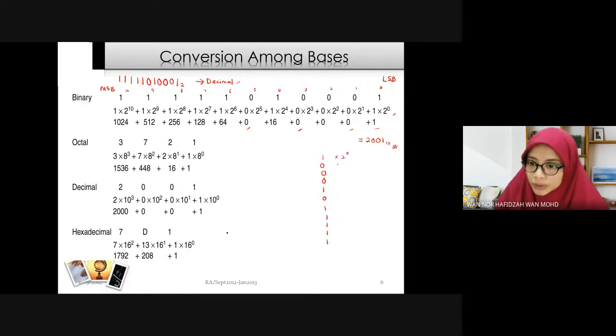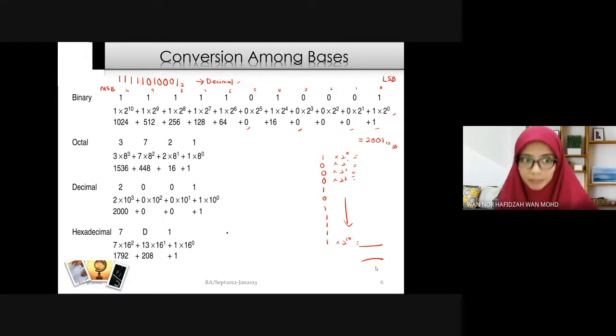Times power of 0, times power of 1, times power of 2, times power of 3 and so on until the power of 10. Then you can get the answer, which is the sum of each calculation.